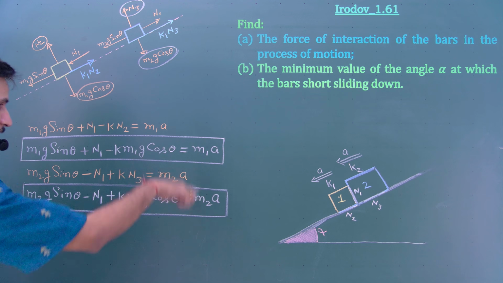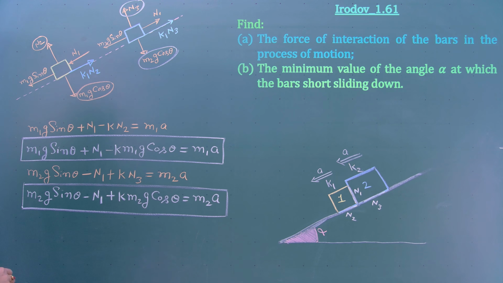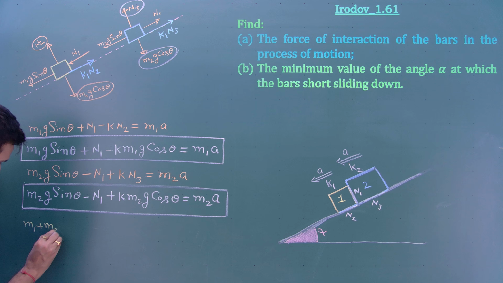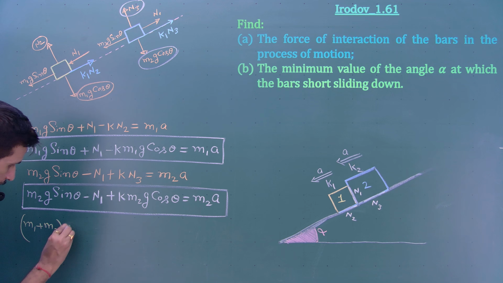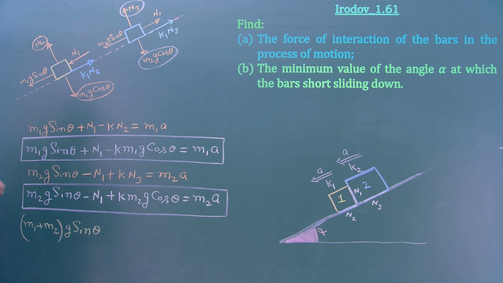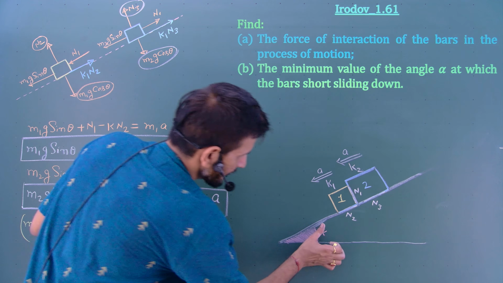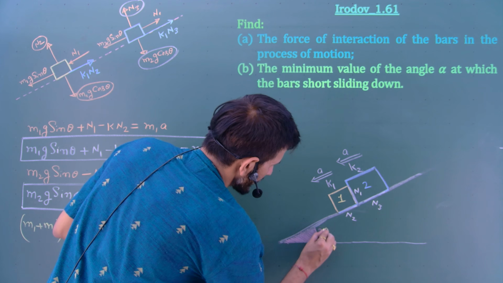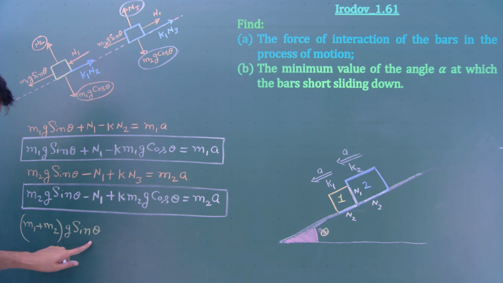For that we just have to add these two equations. When we add these two equations, this is (m1 plus m2) into g sin theta. In the question it is given as alpha, so I take it as theta.